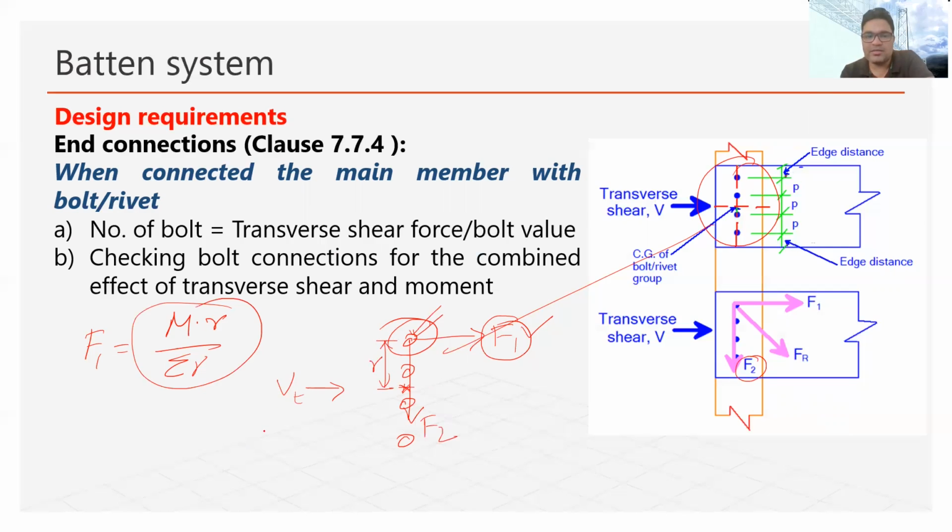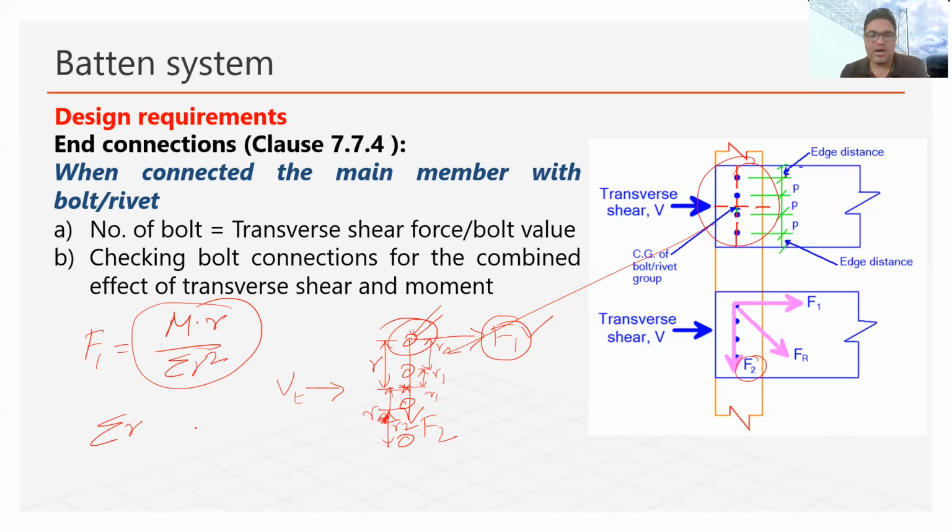So this one is R. Similarly, for the summation of R, from this CG, all bolts will have a particular distance, say R1 and R2. Similarly, this also R1 and R2. Sorry, this is summation of R square.